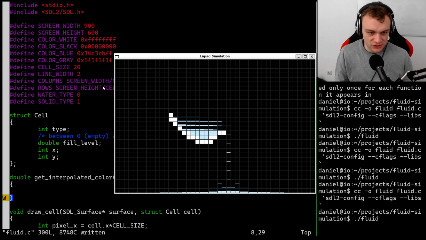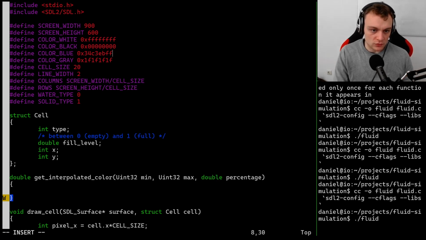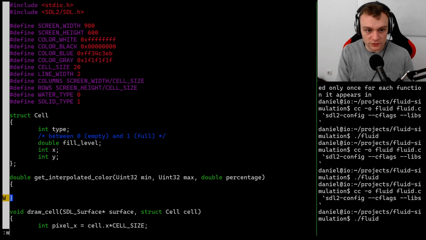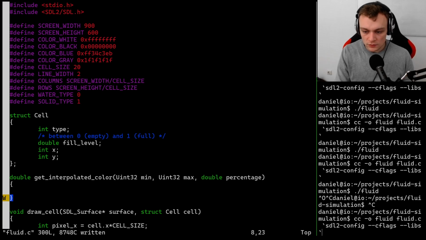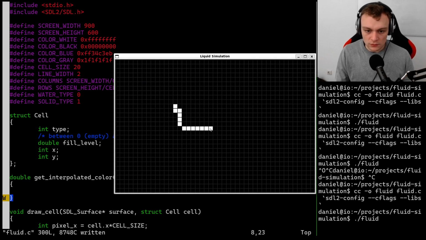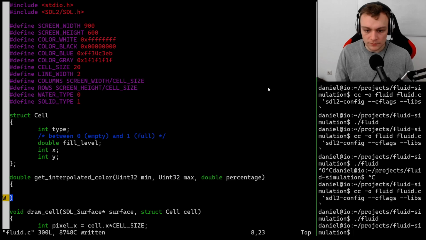Looks whitish. Maybe we need to append it here. Yeah, probably. Okay, so this is now our color blue.